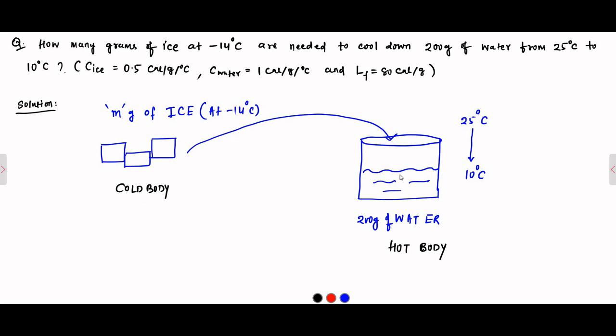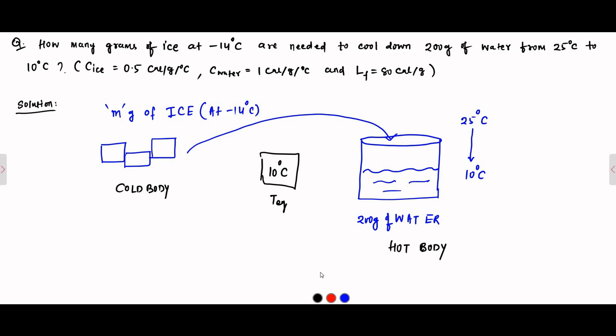Okay, so when ice is mixed with water, the temperature of the ice increases, and the temperature of the 200 grams of water decreases. So finally they arrive at an equilibrium temperature of 10 degrees Celsius. Now we have to determine how many grams, what mass of ice at minus 14 degrees Celsius will be required to arrive at this equilibrium temperature. So basically it is based on the concept of heat loss and heat gain.